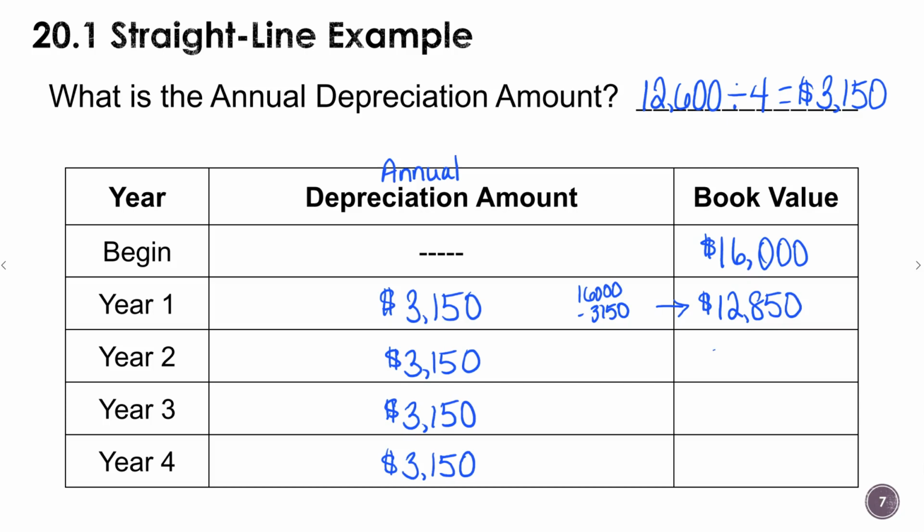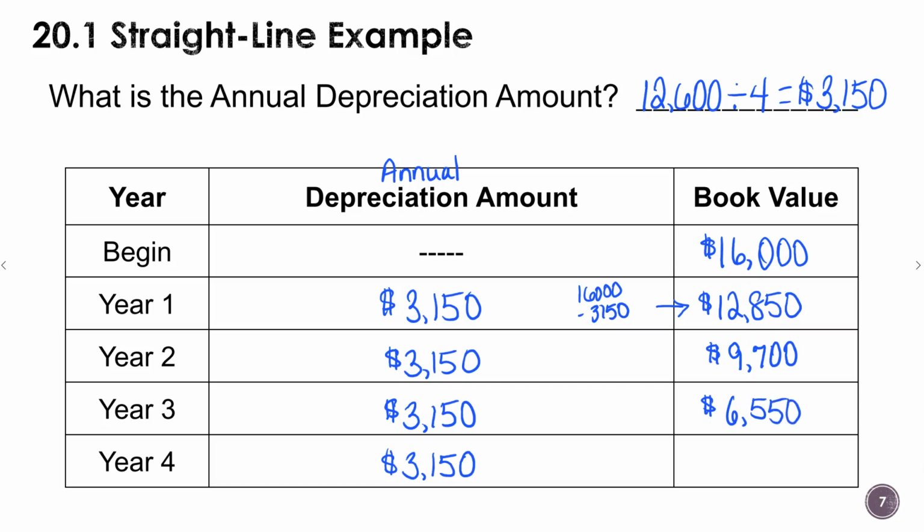So the next year our car is worth $9,700. And then we subtract 3,150 from the 9,700 again. Right? We just keep subtracting 3,150. And then our car is worth $6,550.